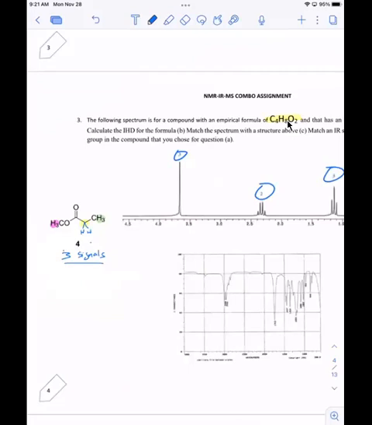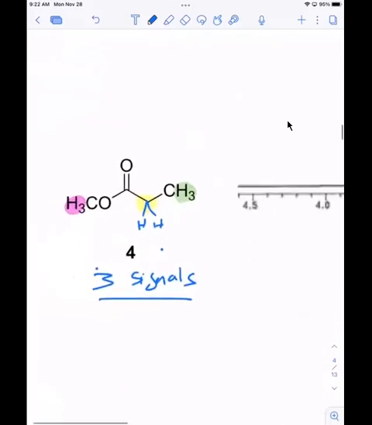If the integration for that singlet is 3, how many choices do you have? In other words, how many sets contain 3 protons in this molecule? 2. So you have 2 choices.